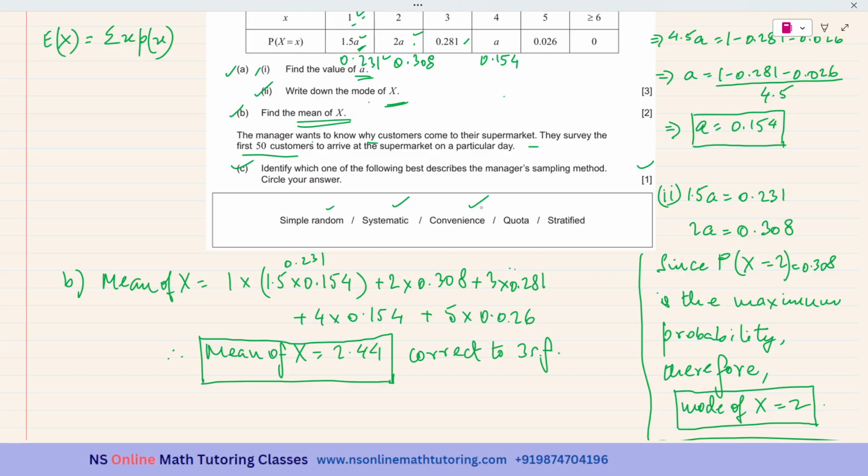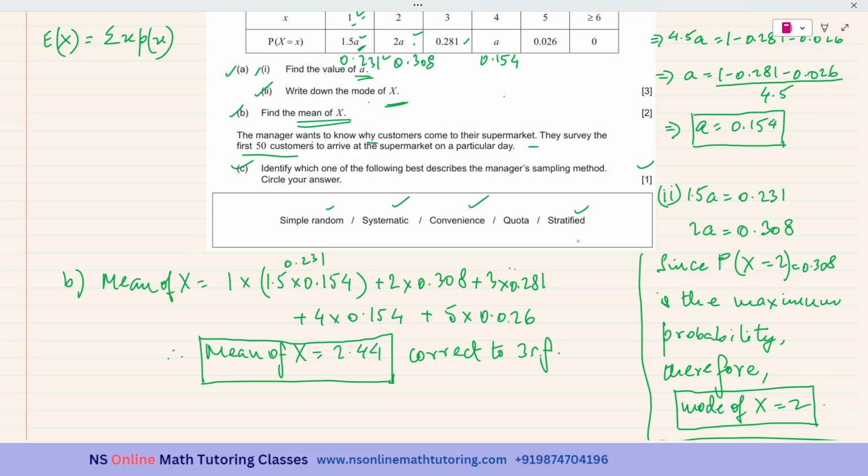So you just choose those customers, question them and complete the survey. So it is according to your convenience you are selecting the customers. So that is convenience sampling. Okay.